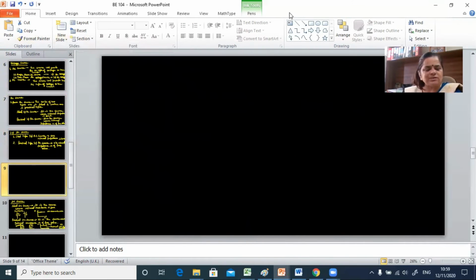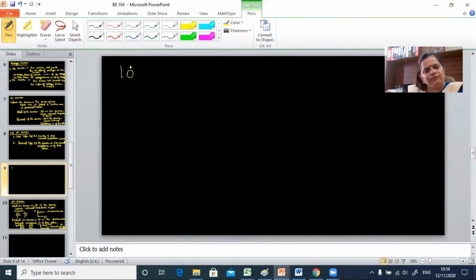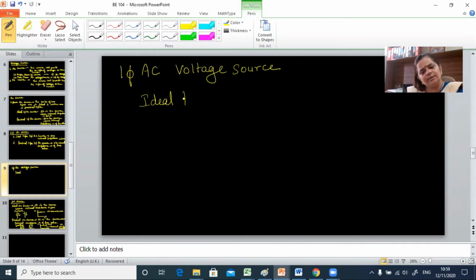Here also I can make the single phase AC voltage source, ideal type. I already defined it. If I try to make its symbol, it will be like this. AC source is represented like this.